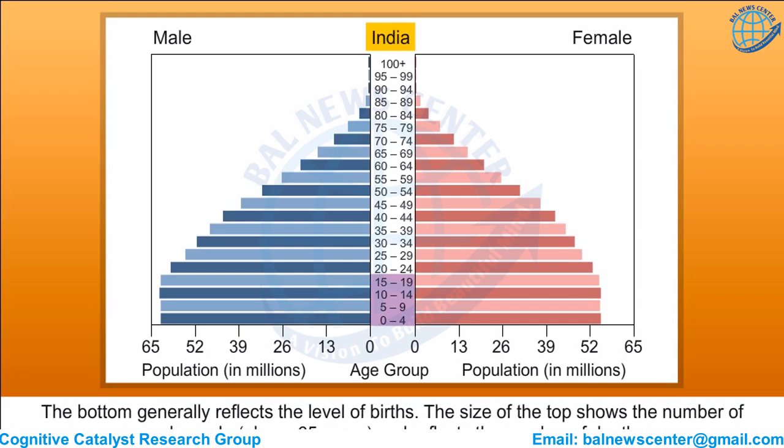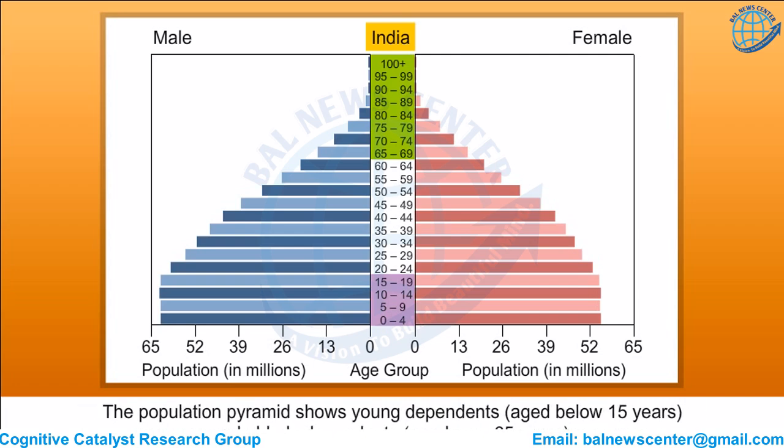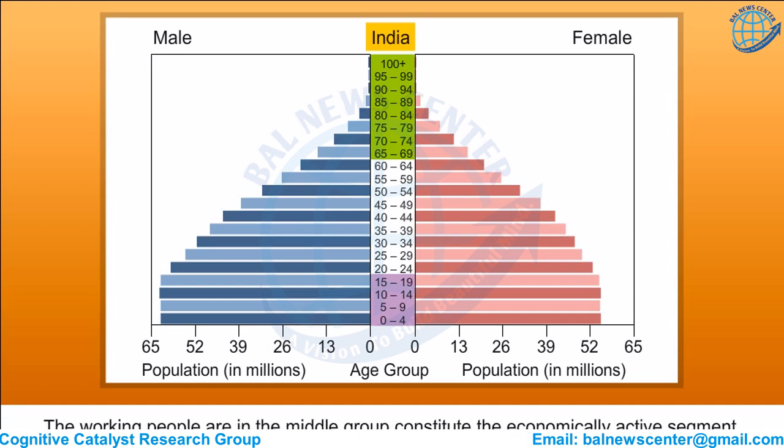The size of the top shows the number of aged people above 65 years and reflects the number of deaths. The population pyramid shows young dependents aged below 15 years and elderly dependents aged over 65 years. The working people are in the middle group and constitute the economically active segment.